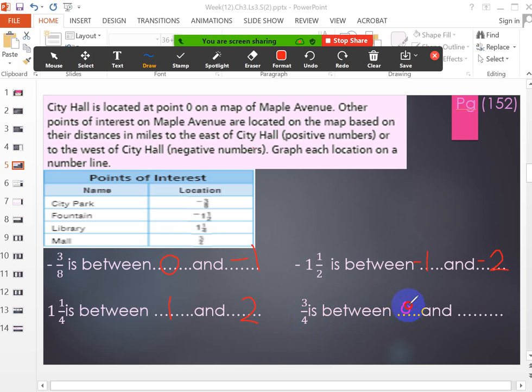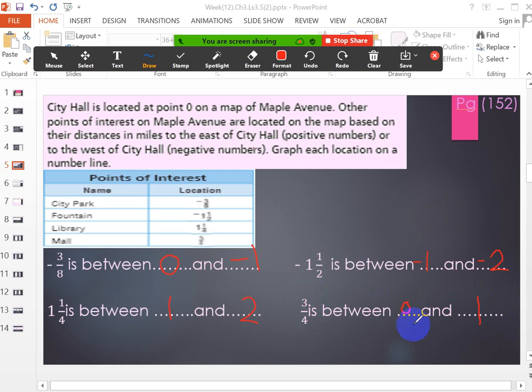But this fraction is less than whole. Why? Because the numerator 3 is smaller than the denominator. That means this fraction is less than whole, which is 1.